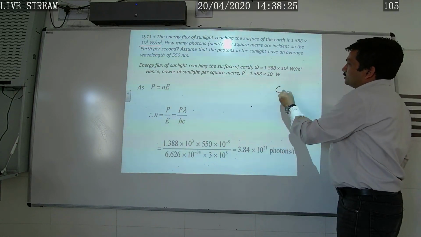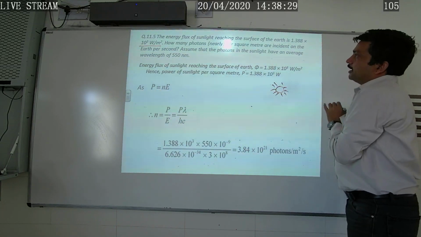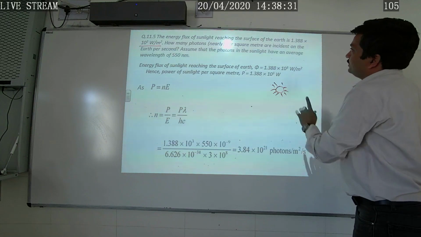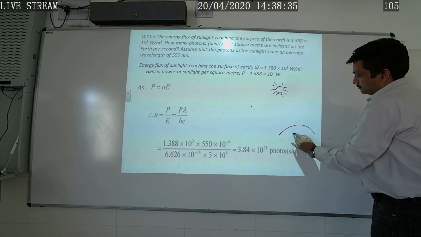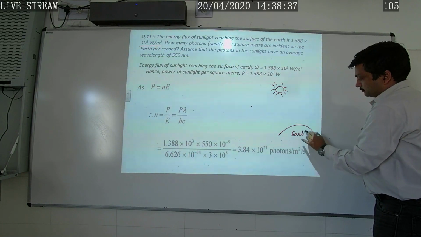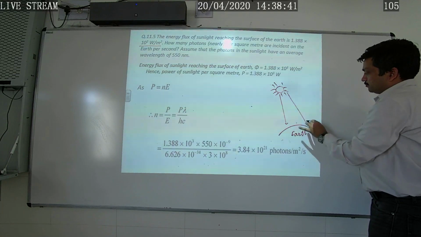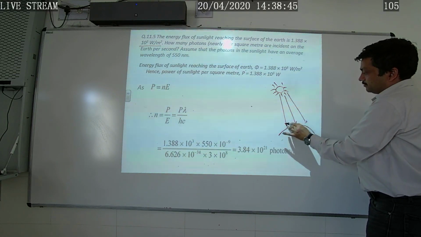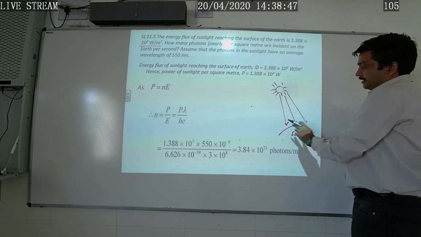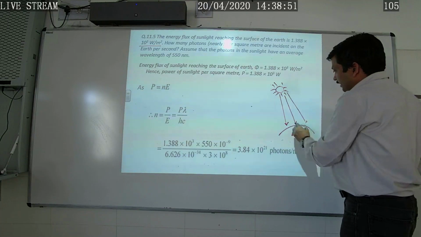Here this is our sun, and the energy flux of sunlight reaches the earth's surface. So the sunlight falls in this way, and this is the energy flux: energy incident per unit time per unit area.